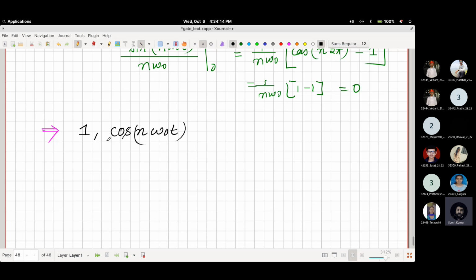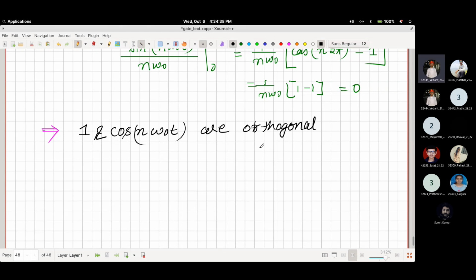I'm not considering a particular value. Okay, I'm saying that n is any integer here, isn't it? So for all integer values of n, these two are orthogonal, isn't it? Is that clear to everyone? Yes, sir.